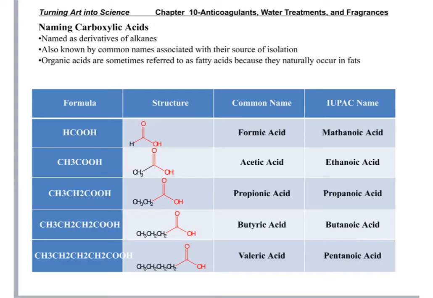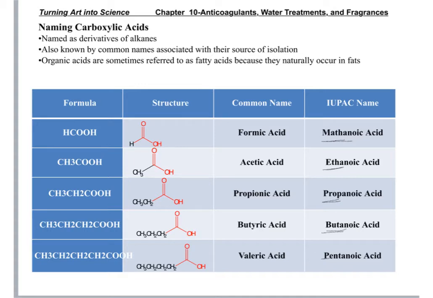When you name carboxylic acids, they are going to have an IUPAC name, and they're going to have those prefixes that we looked at before: meth for 1 carbon, eth for 2, prop for 3, but for 4, and pent for 5.